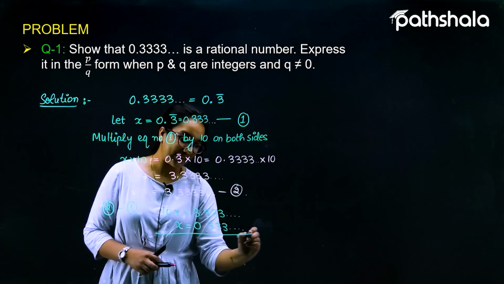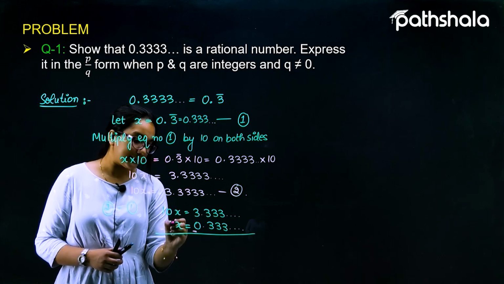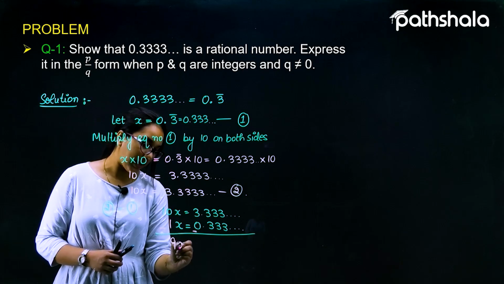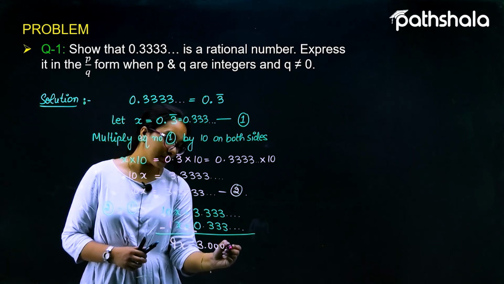If we subtract these two terms, the value will be 10x minus 1x, which is nothing but 9x, which is equal to 3.000 and so on.